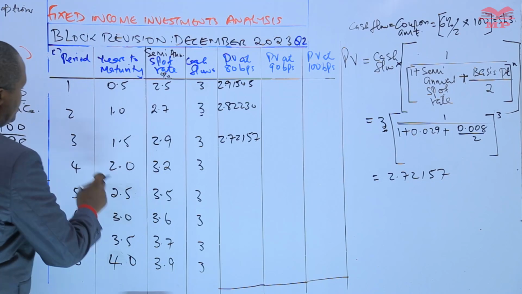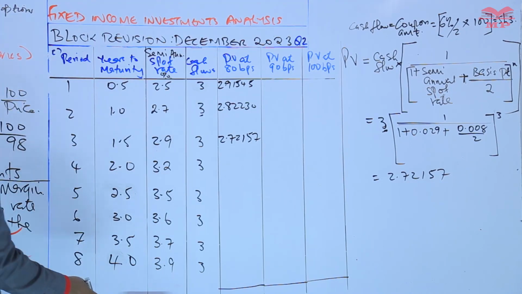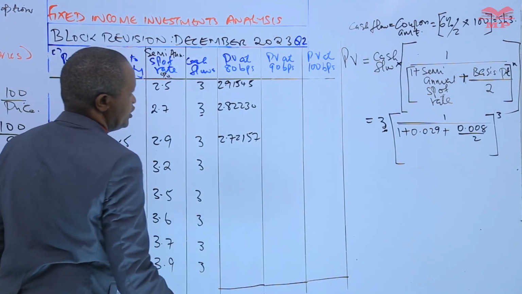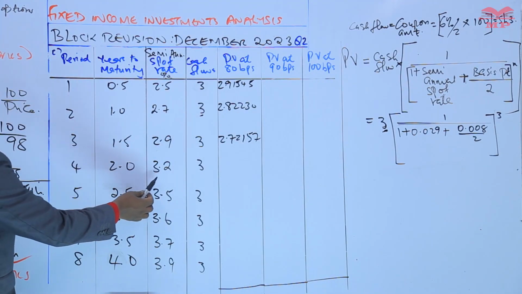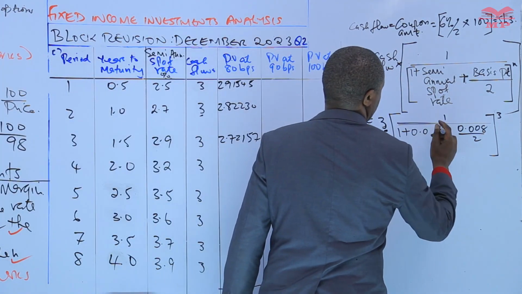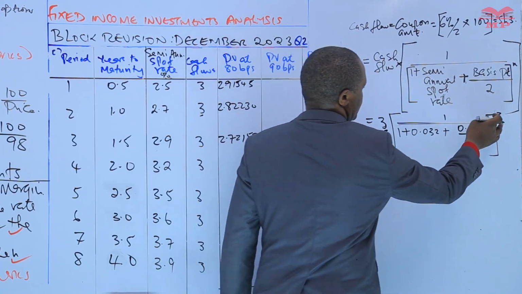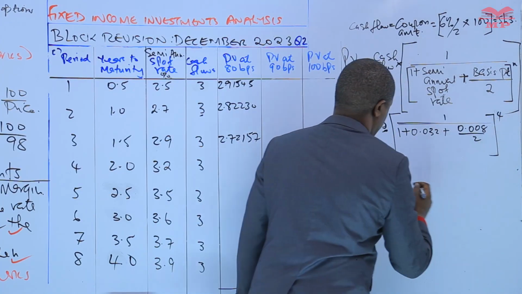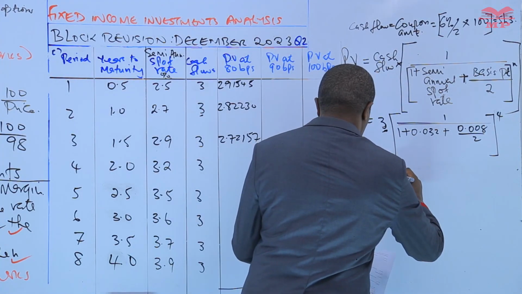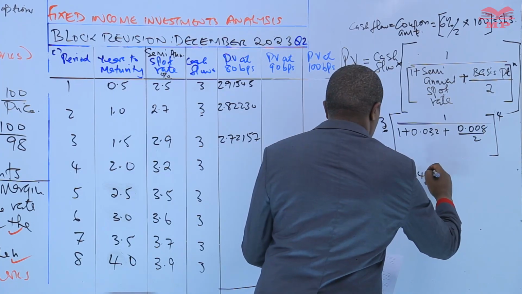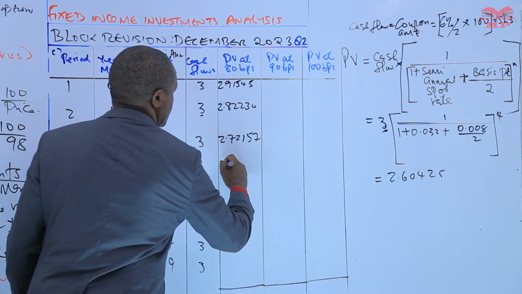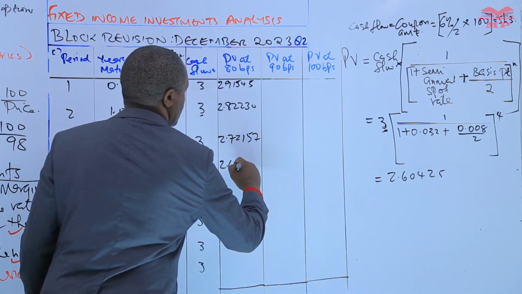That is the present value, period 3. Period 4: what changes is the semi-annual spot rate, which is 3.2%. The period is 4, and the answer is 2.60425.